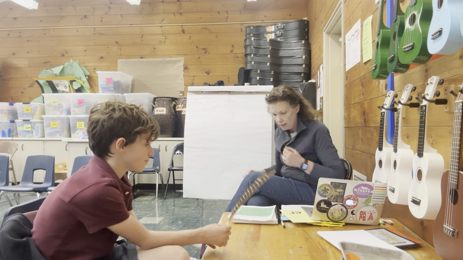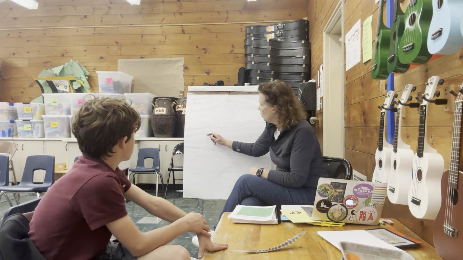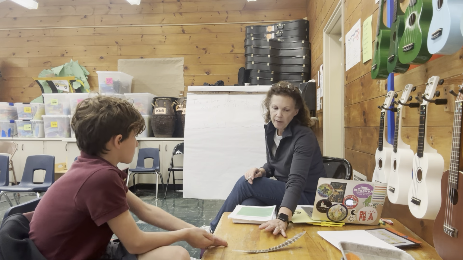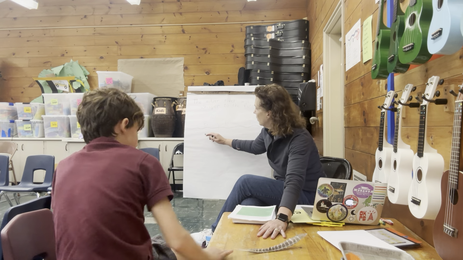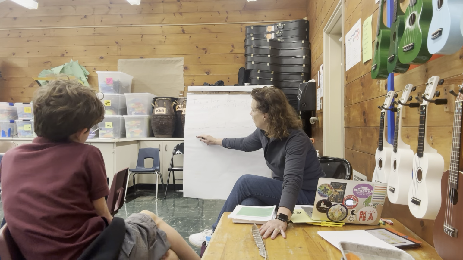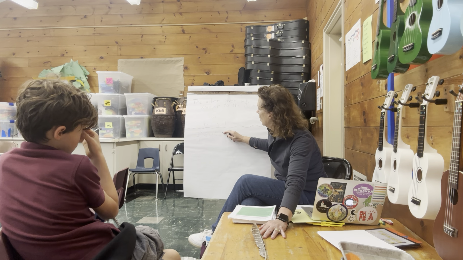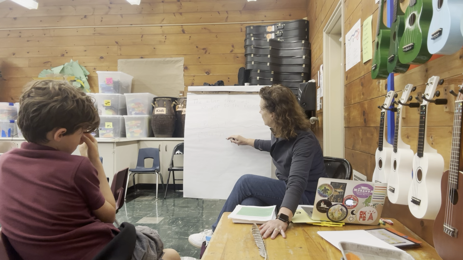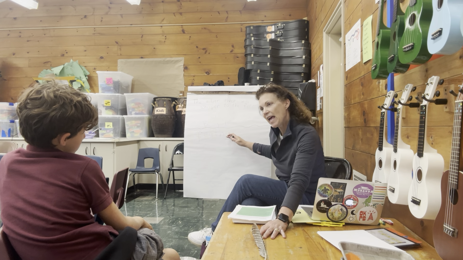So let's think about that word. Okay, so let's look. I'm going to write the word feather. And today we're just going to focus on that sound there. And you had mentioned it comes at the end of the word.